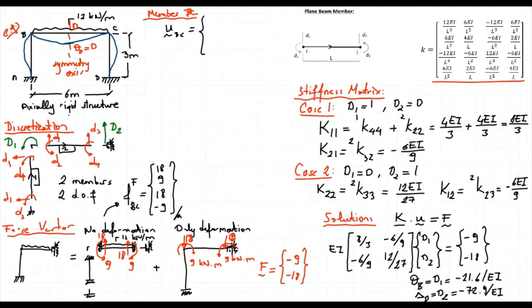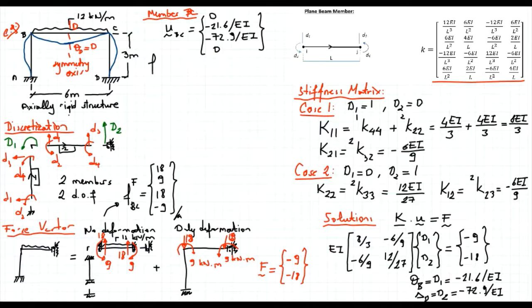D1 is equal to 0, D2 is equal to minus 21.6 divided by EI, D3 is equal to minus 72.9 divided by EI, and D4 is equal to 0. So these are the member end displacements.